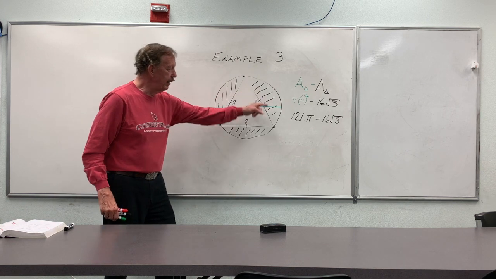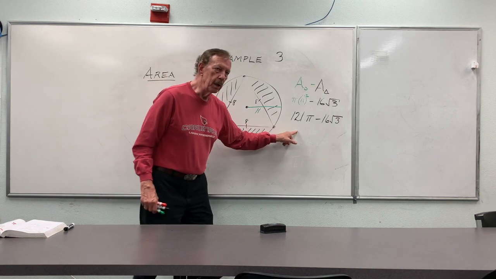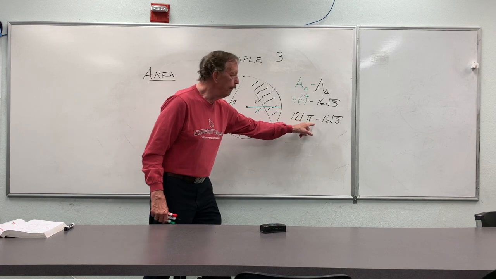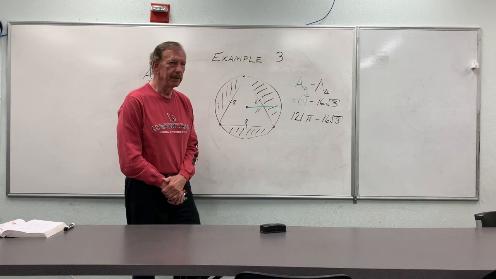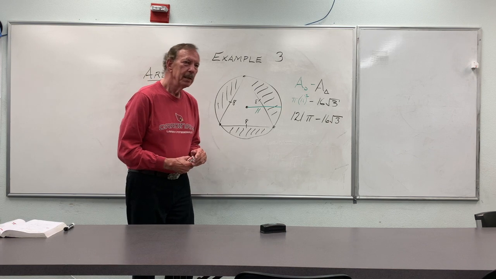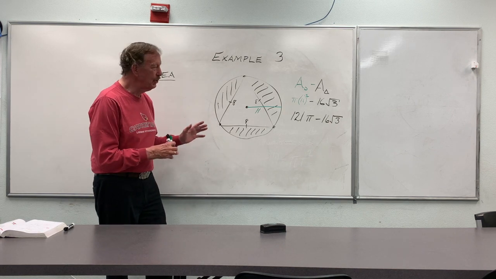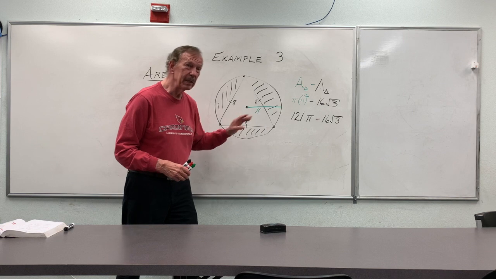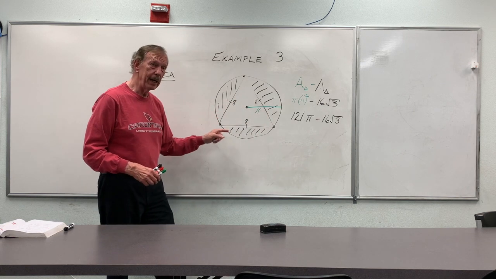The area of the shaded portion is 121 pi minus 16 times radical 3. The answers to some of these questions get a little bit weird looking, but that is the shaded area.